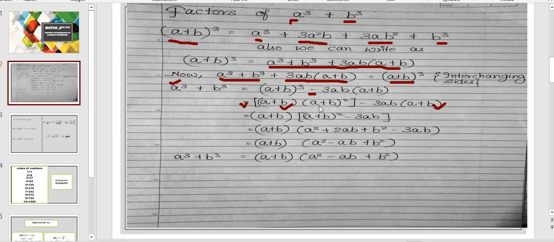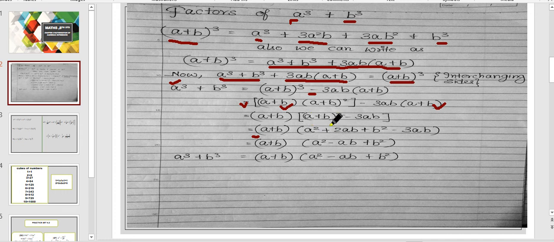In the large bracket, inside that you write a plus b whole square and minus 3ab, and then close the large bracket, right? Then again in this step, a plus b will be as it is, and you have to open the large bracket.